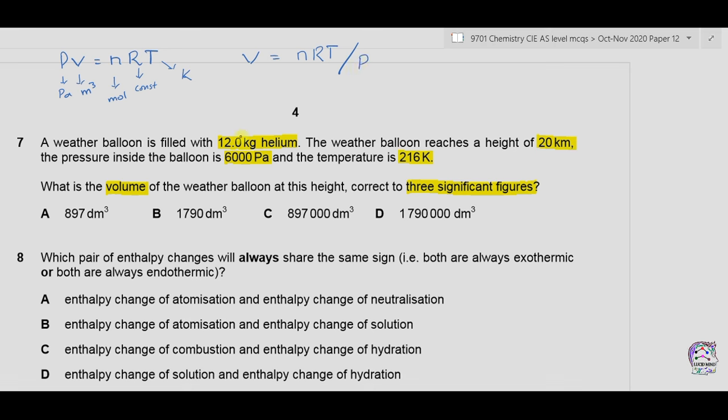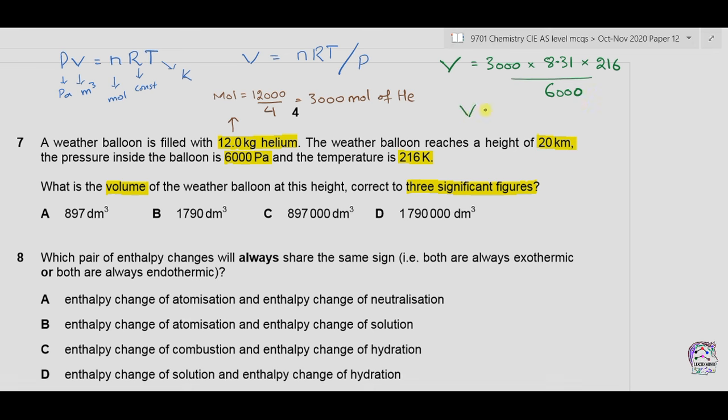Let's find the number of moles of helium. We have 12 kilograms, and moles is equal to mass divided by molecular mass. So 12,000 grams divided by the atomic mass of helium, which is 4, equals 3000 moles of helium. Now putting the values in volume, we have 3000 moles times the ideal gas constant, 8.31, times the temperature, 216 Kelvin, divided by the pressure, 6000 pascals.